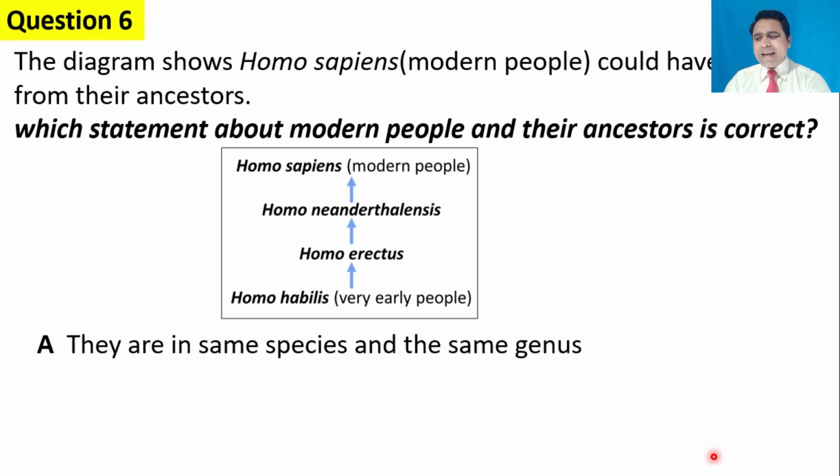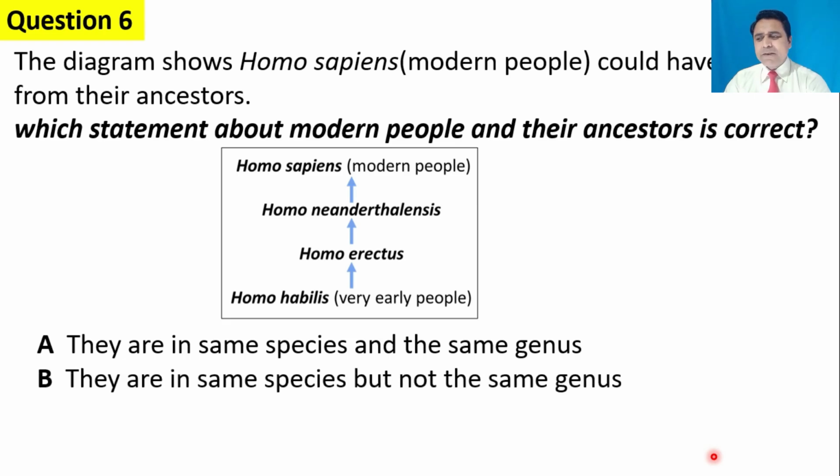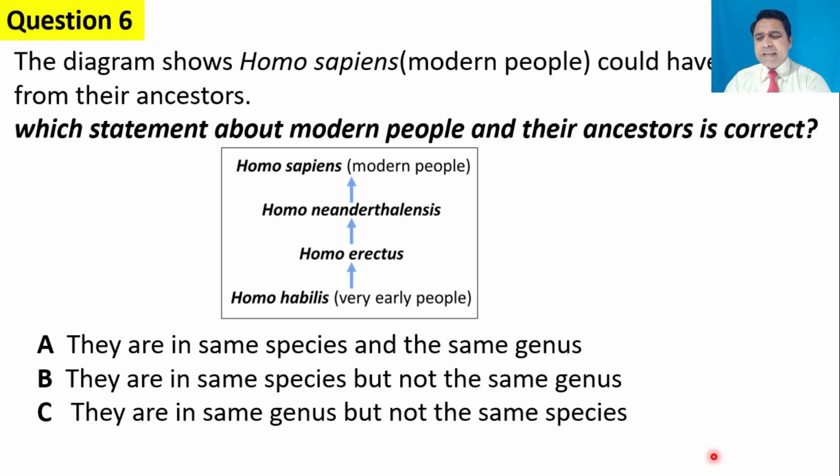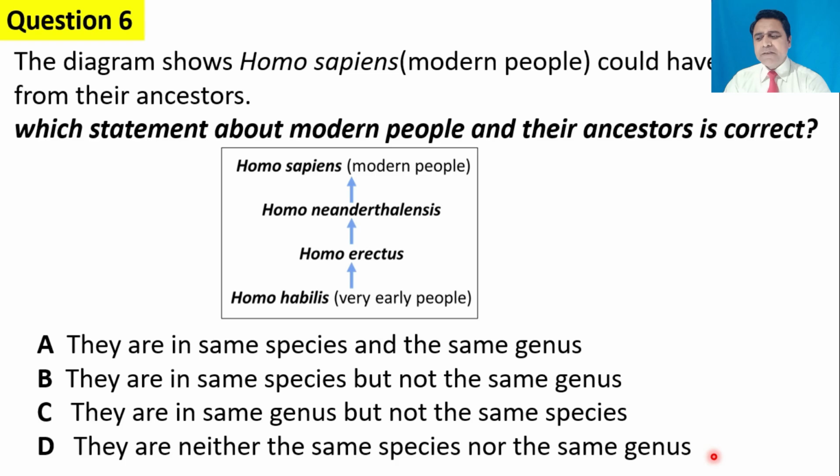Option A, they are in the same species and the same genus. B, they are in the same species but not the same genus. C, they are in the same genus but not the same species. D, they are neither the same species nor the same genus.